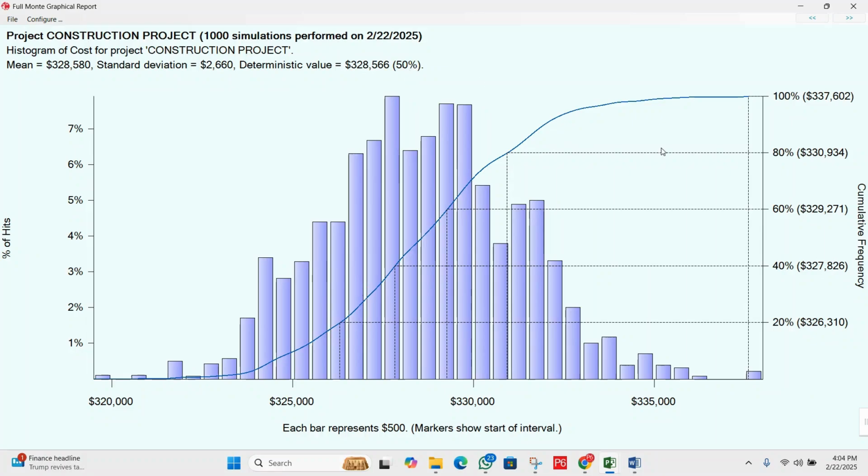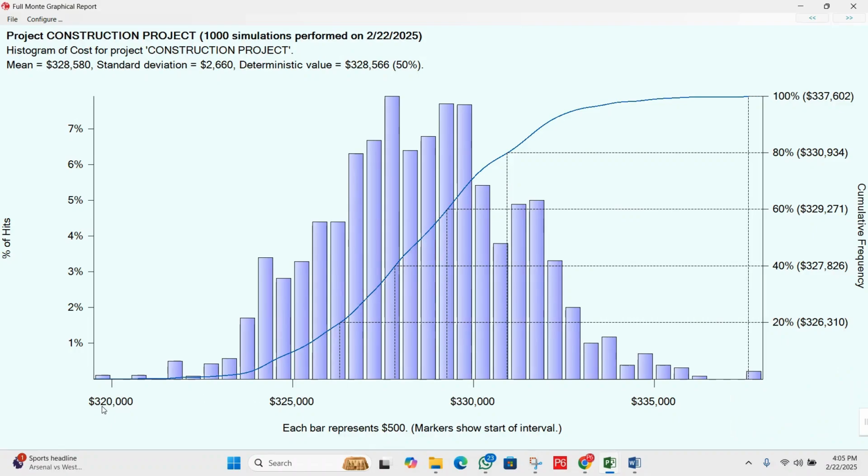Now, let's take the overview of this histogram. This histogram displays the distribution of the possible total project cost, with the x-axis and the y-axis. On the x-axis, it starts from $320,000, and the last one is 337,500.